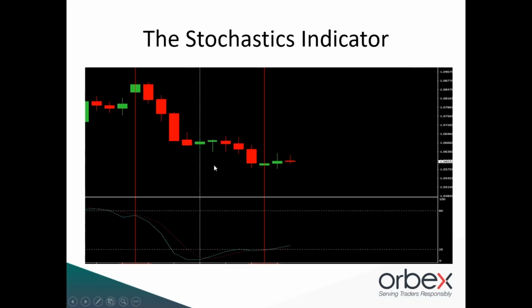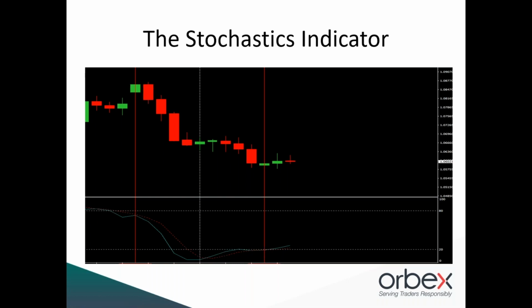Okay, so in this chart above, we've got a euro dollar chart, a daily chart here. You can see that I've highlighted two horizontal lines, and essentially what these lines do is frame the area where the indicator is moving from overbought to oversold and then stays below oversold until it starts to come up out of oversold.